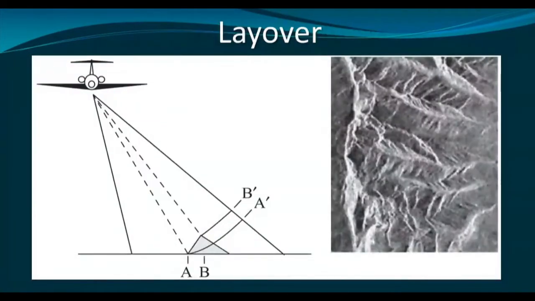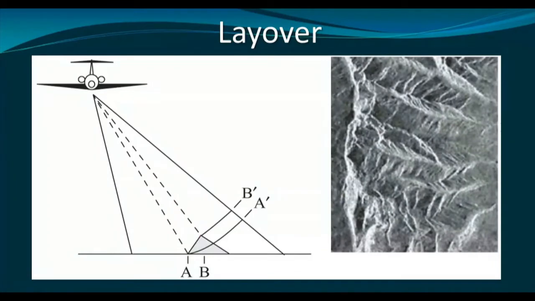Now let us discuss the layover. In case of layover, if we have the variable terrain and the slope is facing towards the radar, if the pulse reaches the top of the slope before reaching the base, in that case what happens, the top point comes forward to the base point.